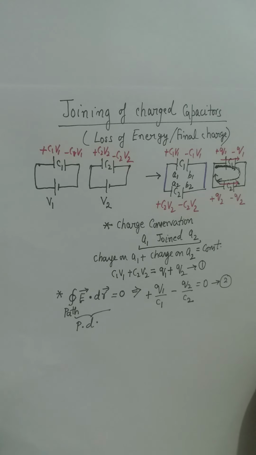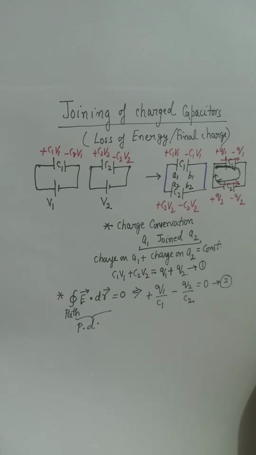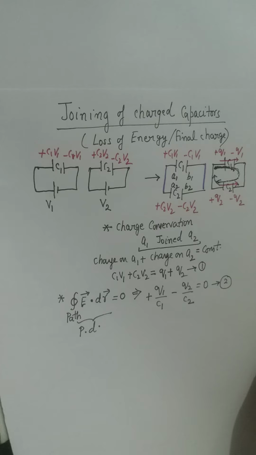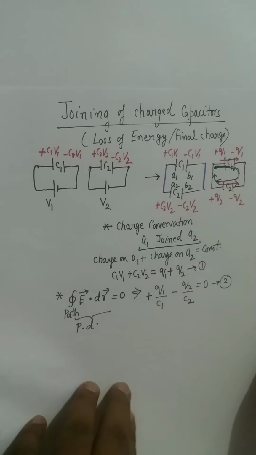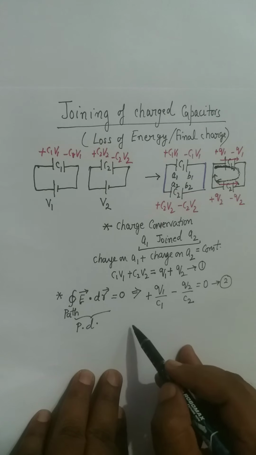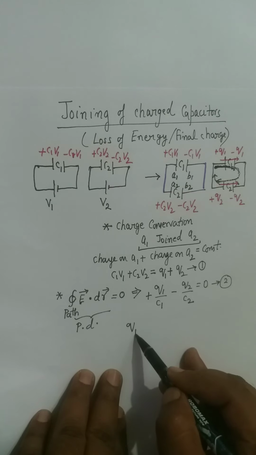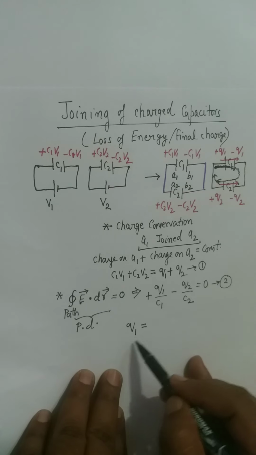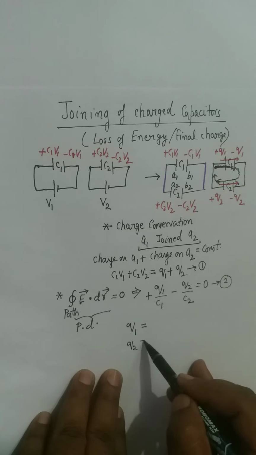Through simultaneous equations, you can find out the value of Q1, and you can also find out the value of Q2. I am not going to solve here, but through simultaneous equations 1 and 2, you can solve the value of Q1 and you can also solve the value of Q2.